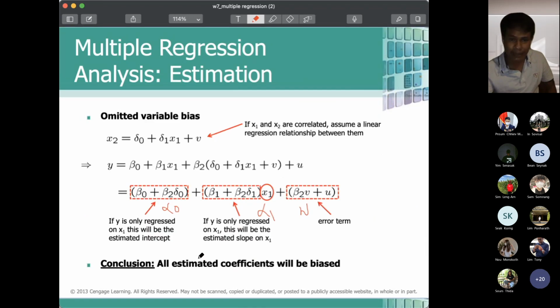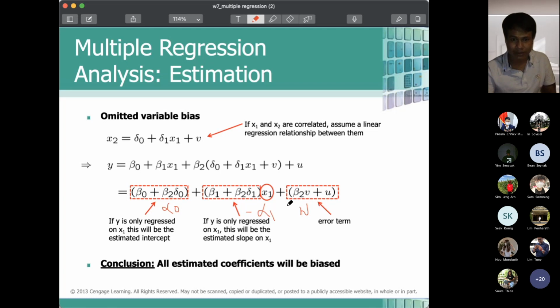So when you omit x2 from the model, alpha 0 is different from beta 0, and alpha 1 is different from beta 1. In other words, alpha 1 includes beta 1 and beta 2, and the error term is also biased. Every estimate of the estimated model is biased when you omit a relevant variable.